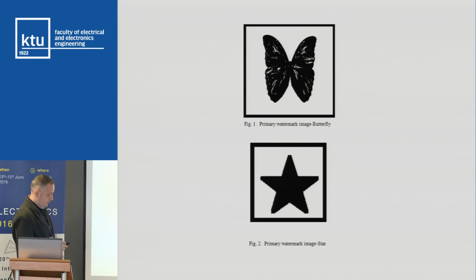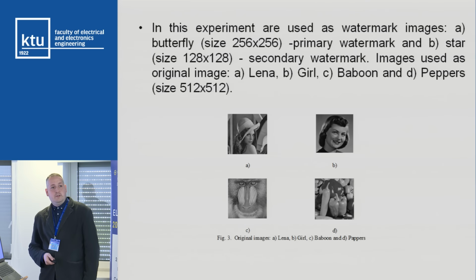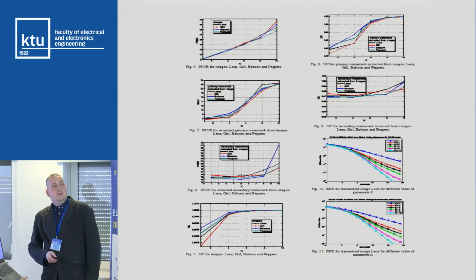These are watermark images that were inserted in the picture. These are standard pictures in which we inserted these watermarks, and these are results obtained in the function of parameter K: peak SNR, normalized correlation, bit error rate, and so on.